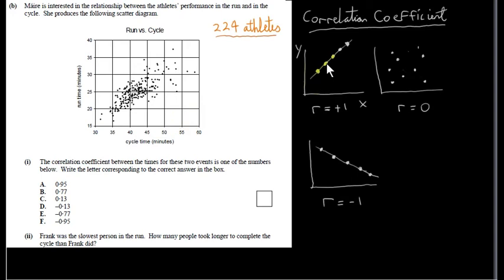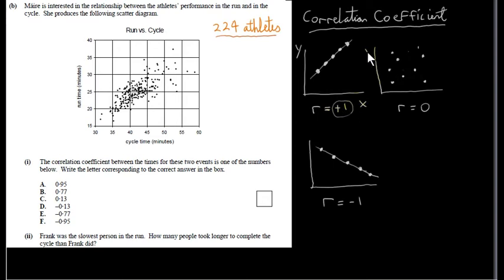If the points in the scatter plot lie in a perfect straight line with positive slope, it doesn't matter what the slope is, then the correlation is +1. You can't get a higher correlation than +1. Of course, that never really happens in practice. It's usually less than +1.